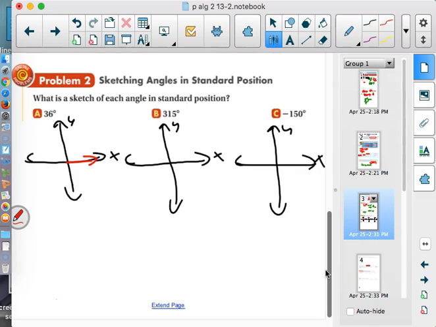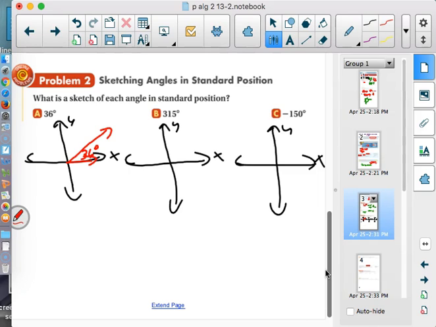Clockwise or counterclockwise? Counterclockwise. Am I going to make it all the way up? No. Am I going to make it halfway up? No, because it's less than 45. So I'll just kind of sketch, look something like that, but I always make sure that I label that so that if somebody's grading my paper, they can see I made an attempt. I'm trying to show you that's 36 degrees. I don't have a protractor, but close.